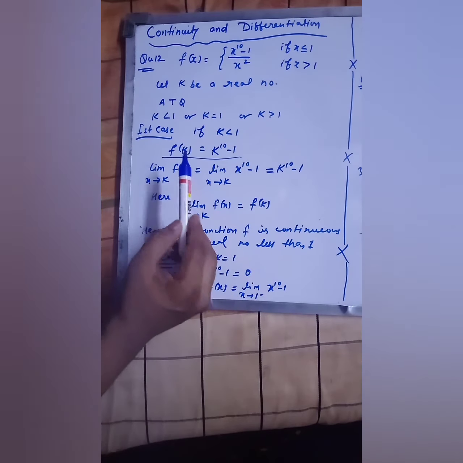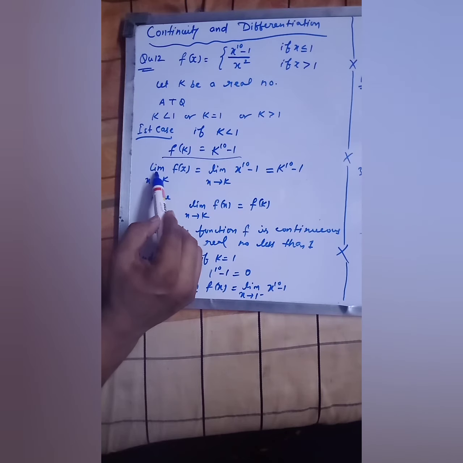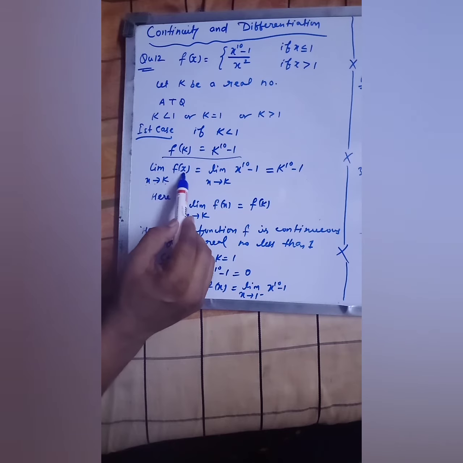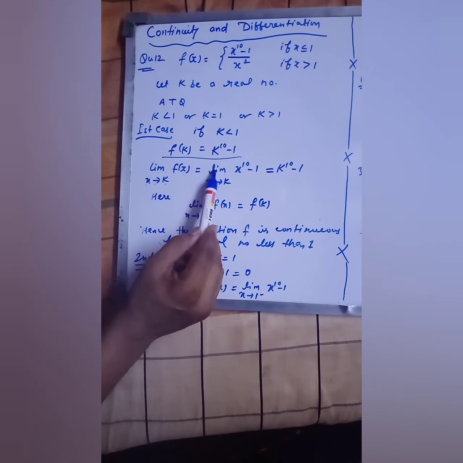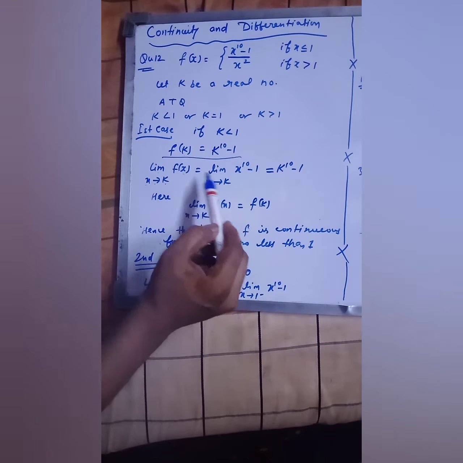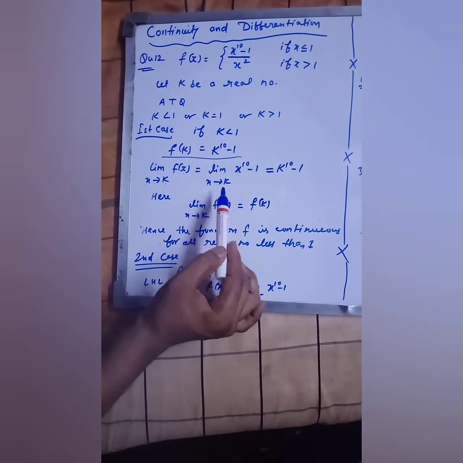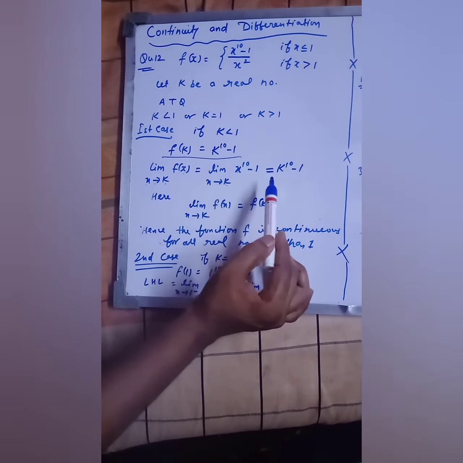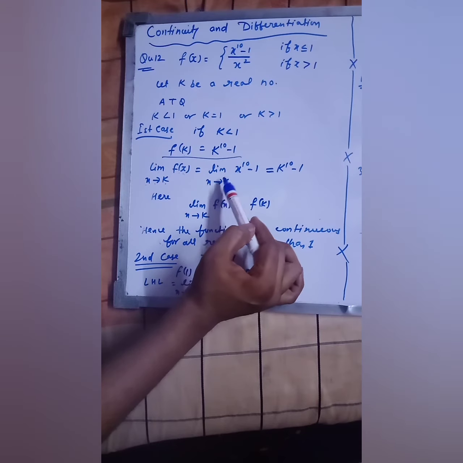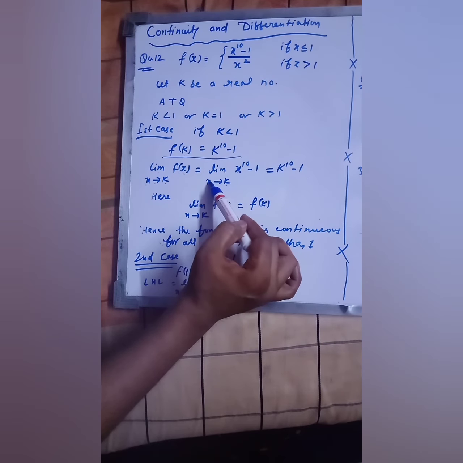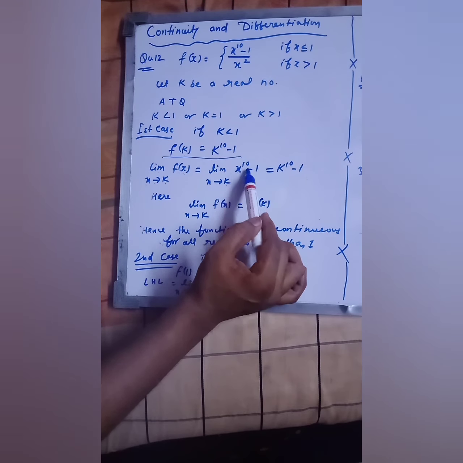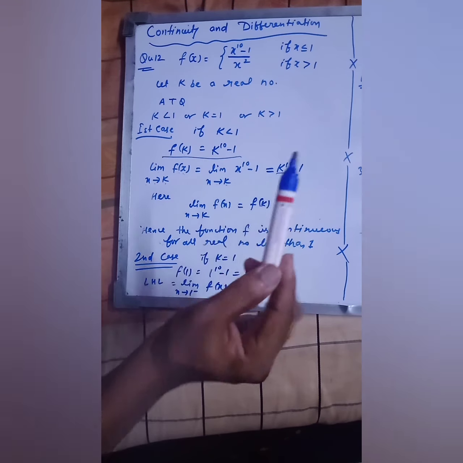Okay, and then you have to take the limit, that is limit x tends to k of the function f(x). Fine. Then limit x approaches k, function f(x) will be x raised to the power 10 minus 1. Now you have to put the value of k, and when you put the value of x, that is k, you will get k raised to the power 10 minus 1, and you will get this statement.